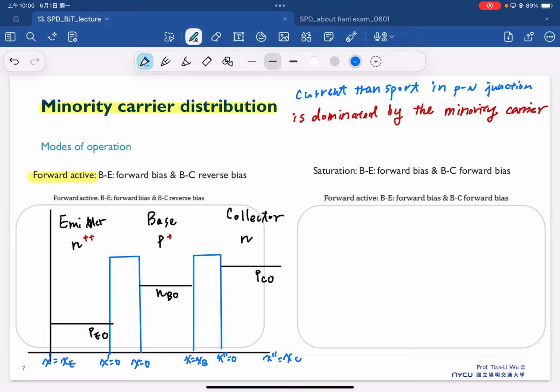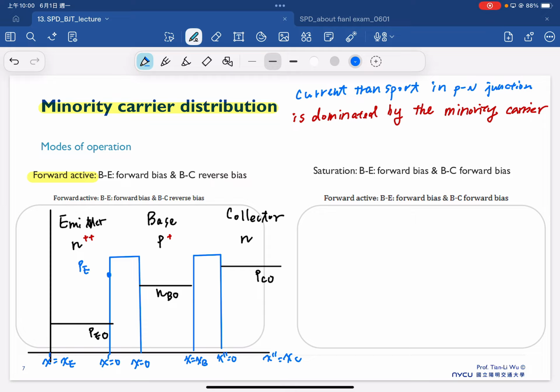the concentration at this region for the holes that are coming from the base, which is here. And as we already derived, if you don't remember, just check how we spent the effort in the PN junction. We will have the exponential decay as the distance increases.